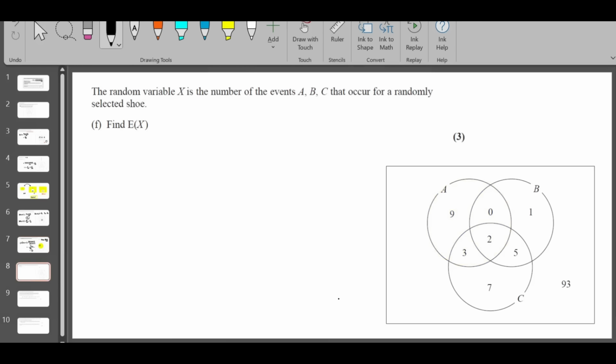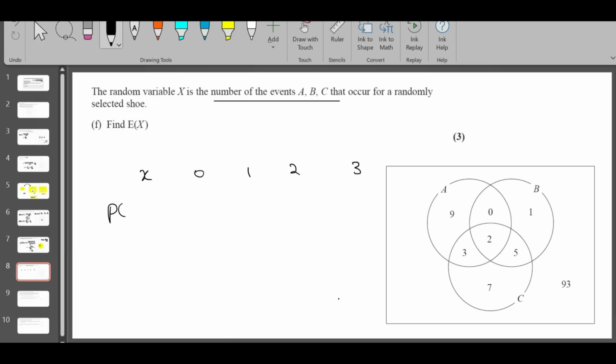Part F. The random variable X is the number of events A, B, C that occur for a randomly selected shoe. Find E of X. A, B, C means the defects they are talking about. So the number of defects. What do they mean by number of events A, B, C? The number of defects. So if you take a shoe, the shoe may have 0 defect, 1 defect, 2 defects, 3 defects, right?